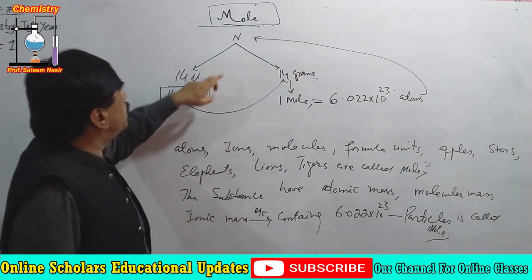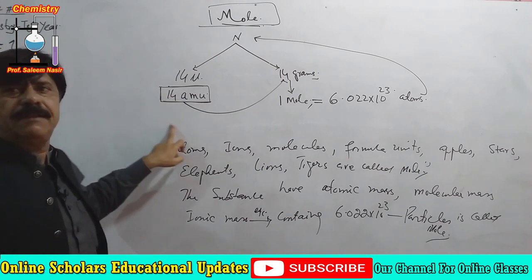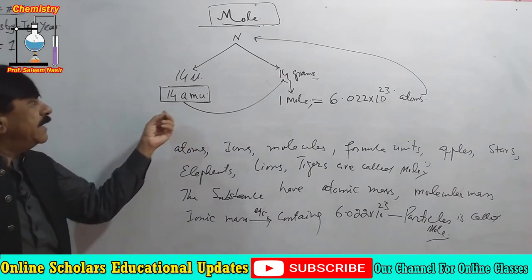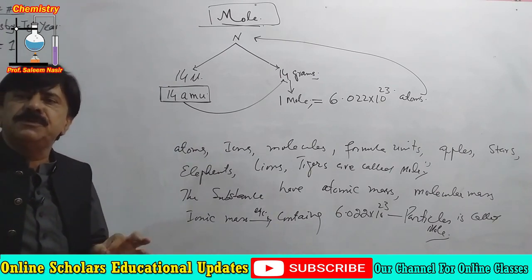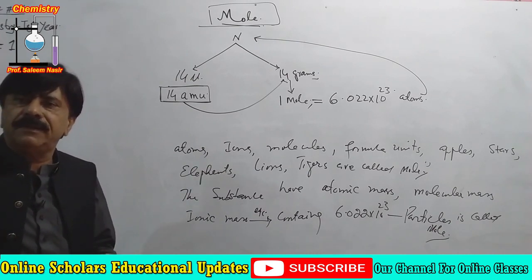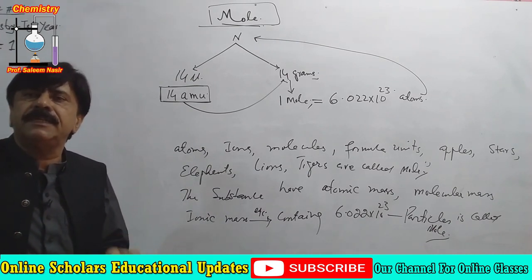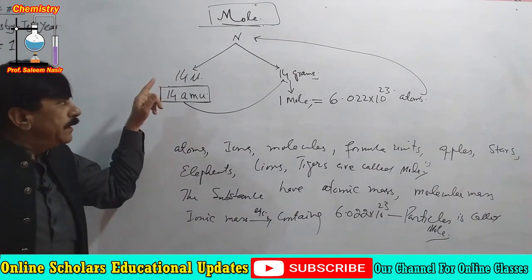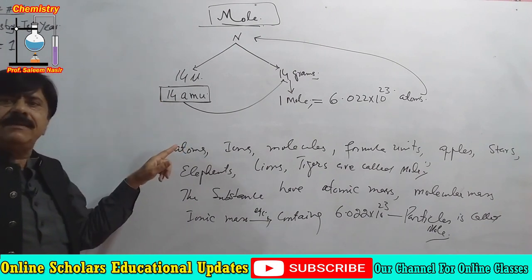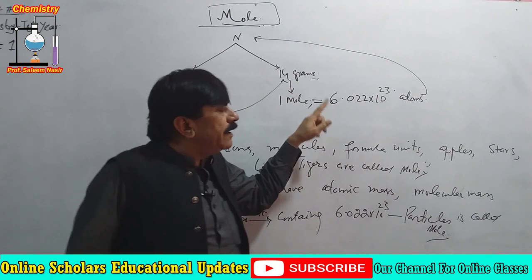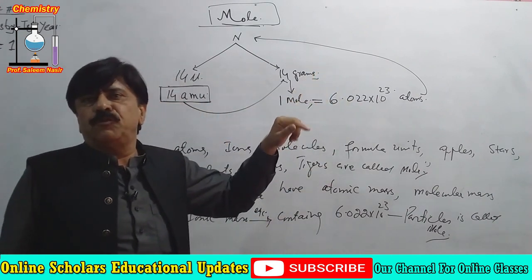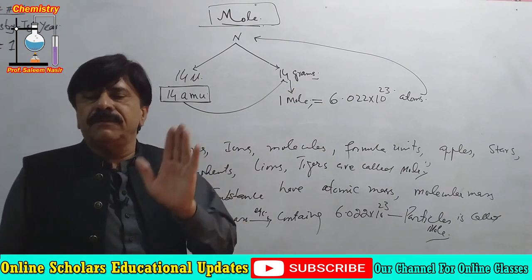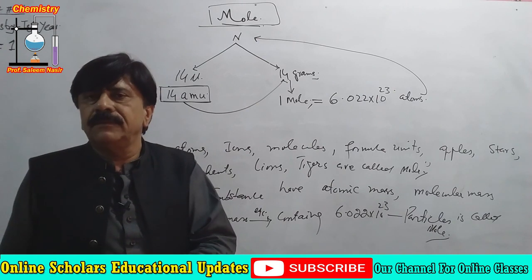And if that nitrogen is taken as relative atomic mass with reference to carbon 12 and taken as 14 AMU, atomic mass unit, that atomic mass unit is 1/12 of carbon C12. So that is the counting and also weighing measurement for an atom, a molecule, an ion, or a formula unit mass.